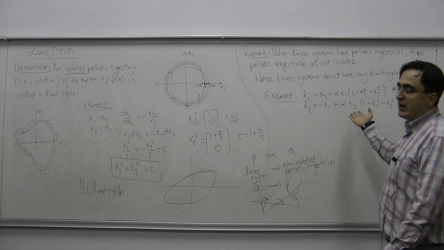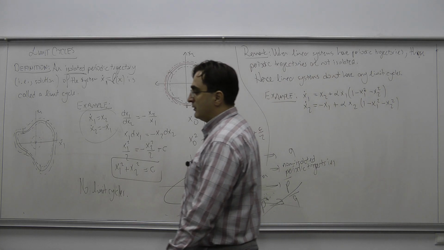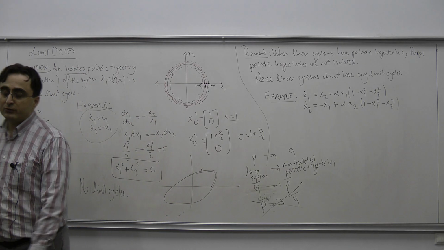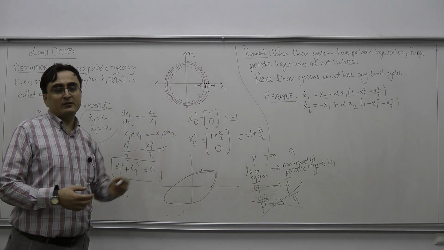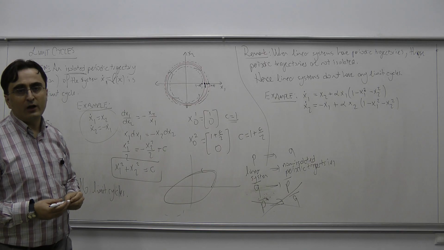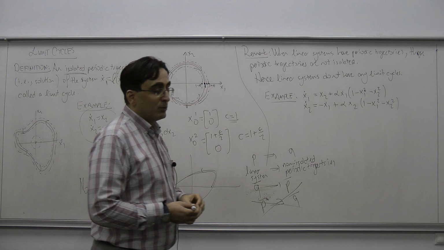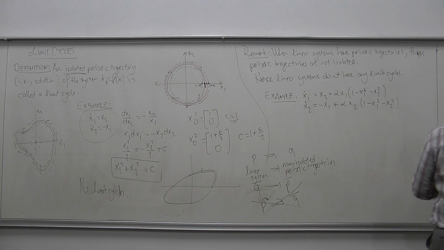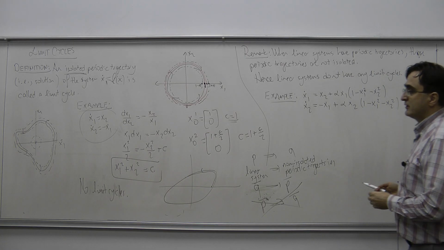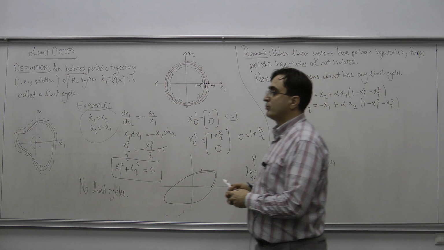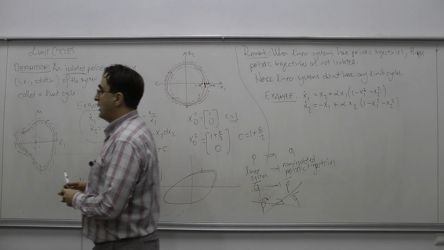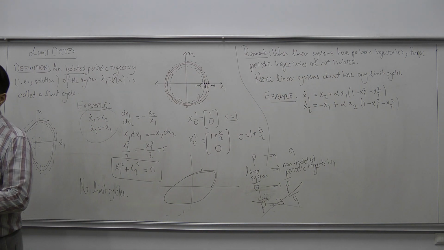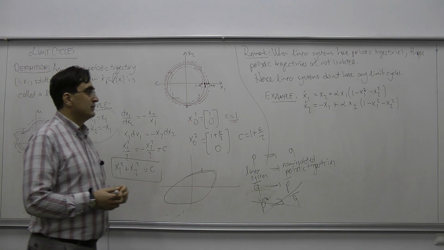As soon as you look at this system, I really want you to be able to see what type of coordinate change you can apply to that system to be able to analyze it in an easy way. Okay? Once you look at that system, can you see what type of coordinate change you can apply on that system to make the analysis easy?